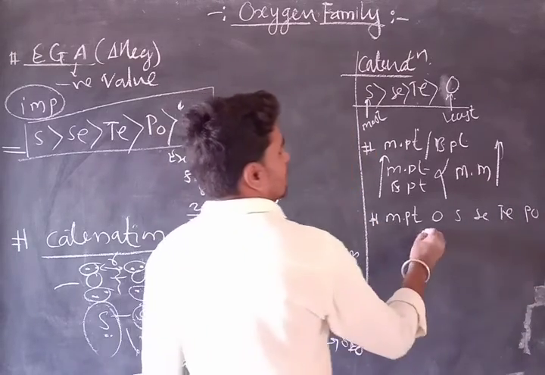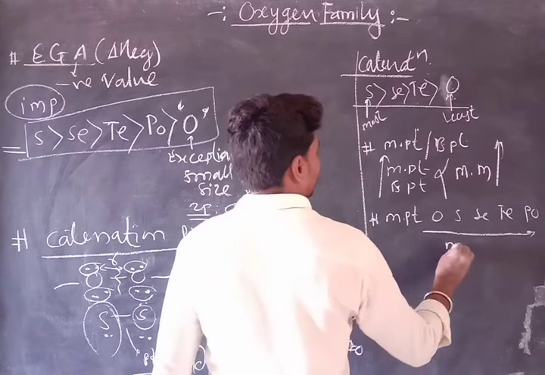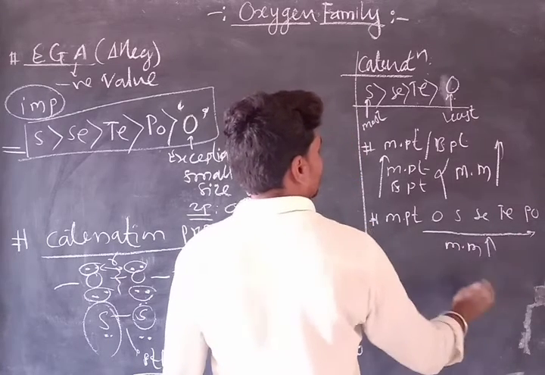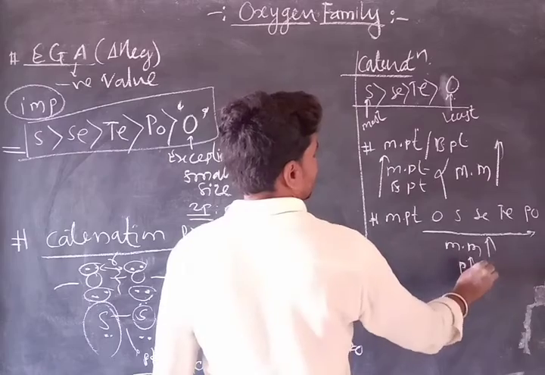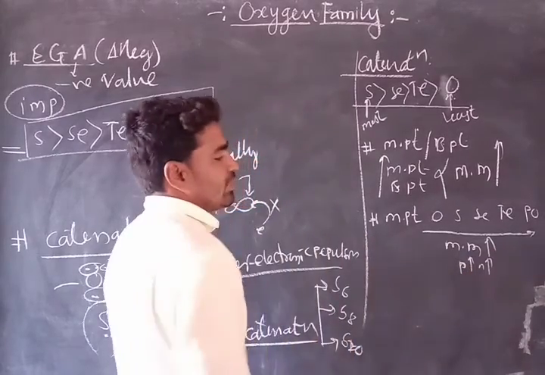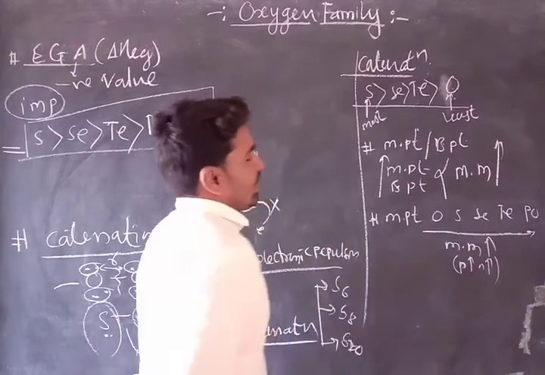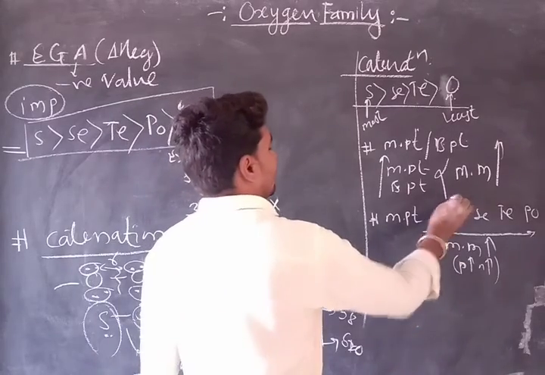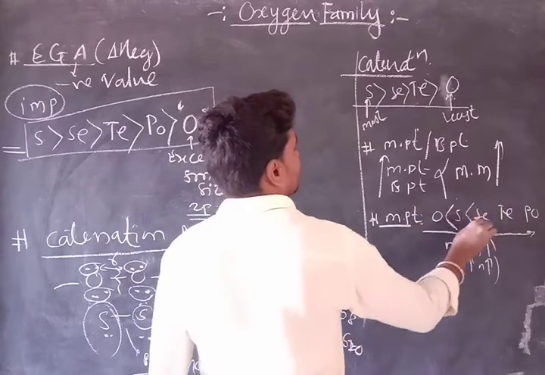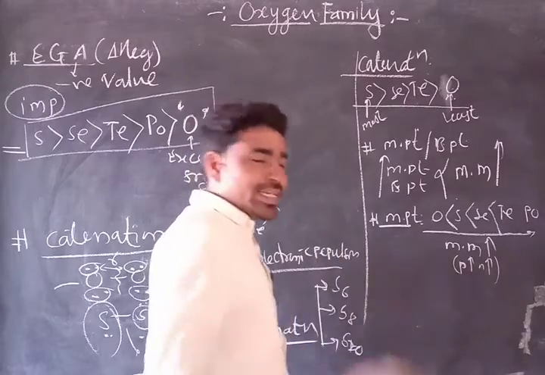Molar mass increases because the number of protons and neutrons increases, and as the molar mass increases, the melting point also increases. But it is only up to tellurium.